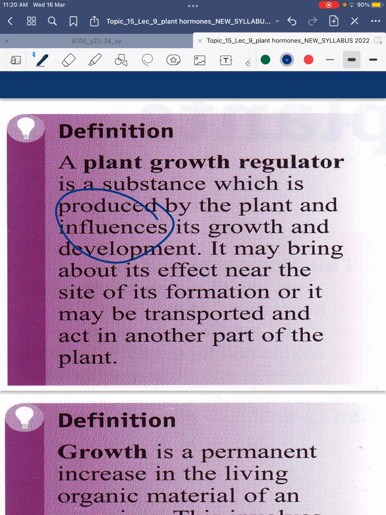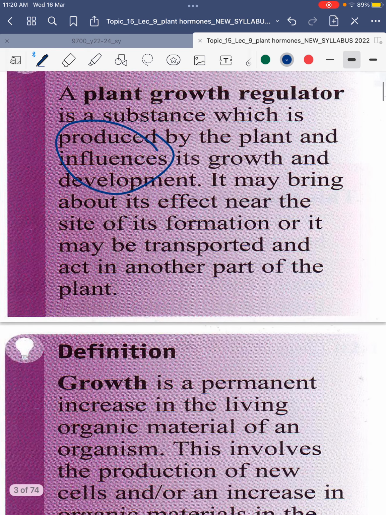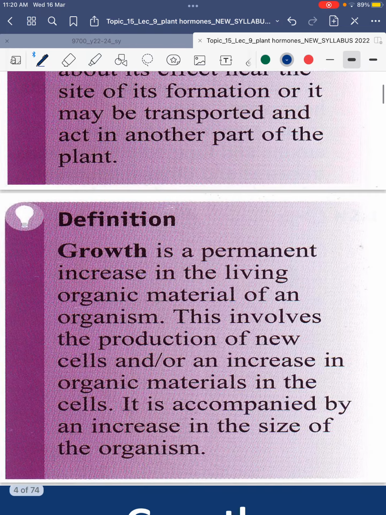It can stop development. It can also promote or stimulate development. It may bring about its effect near the site of its formation, or it may be transported and act in another part of the plant.